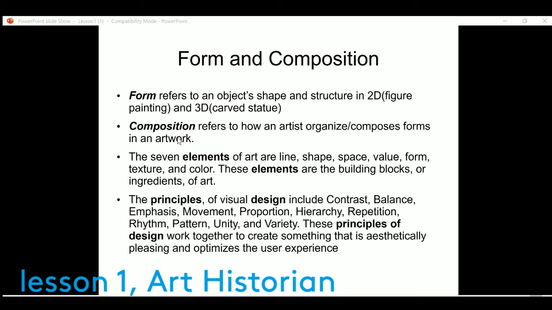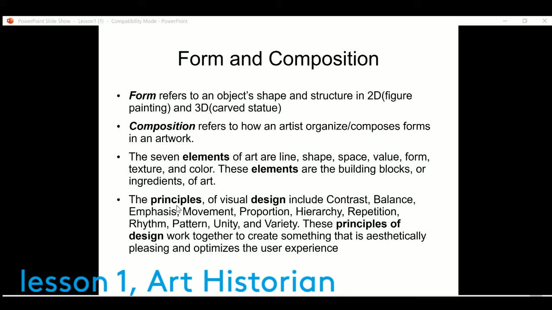And then composition refers to how the artist organizes and composes form in the artwork. The 7 elements of art are line, shape, space, value, form, texture, and color. These elements are the building blocks, the ingredients of art. This is also what we normally call the elements of design or elements of art.